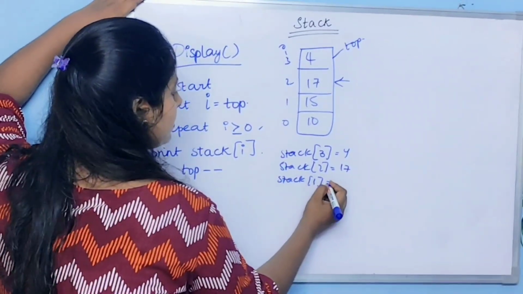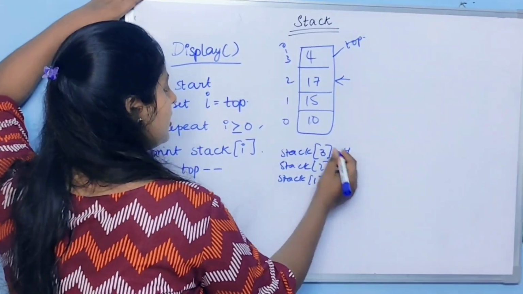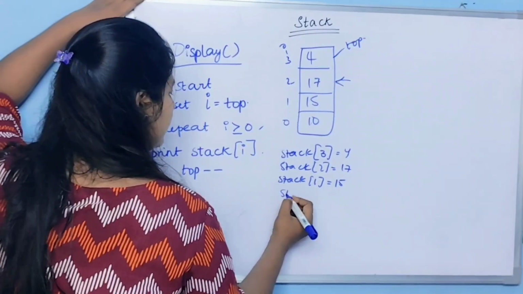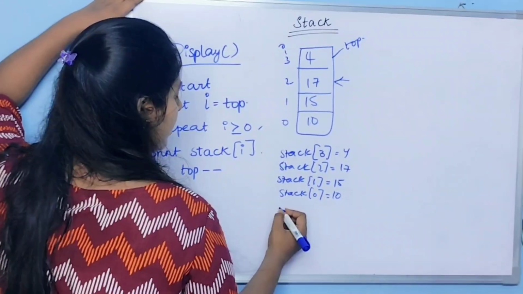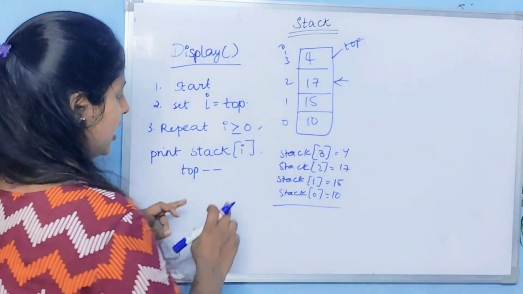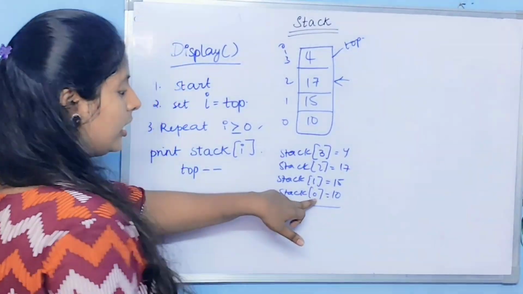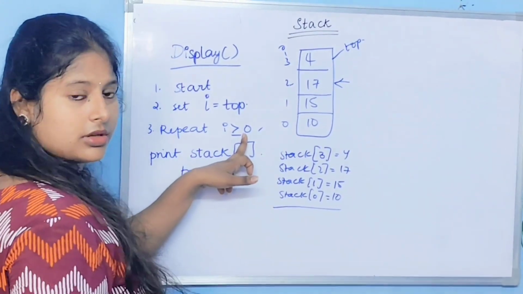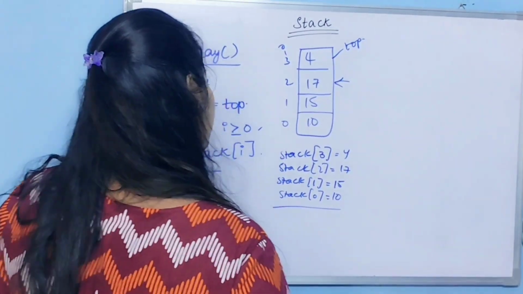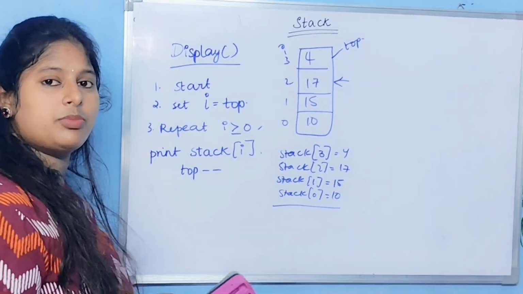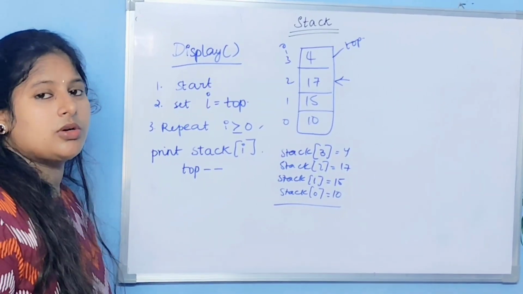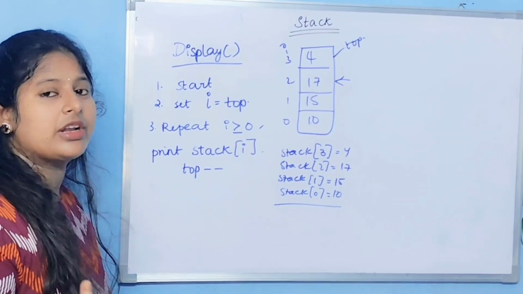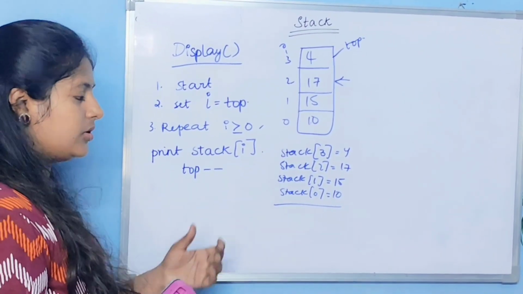Stack of 1 is 15. Now again decremented. Stack of 0. Okay. So this happens as long as the value is greater than or equal to 0. Because in case I don't write this condition, it goes up to minus 1 and I have not inserted any values at minus 1, so I might get unnecessary or garbage values. Right? So this is how it is happening.